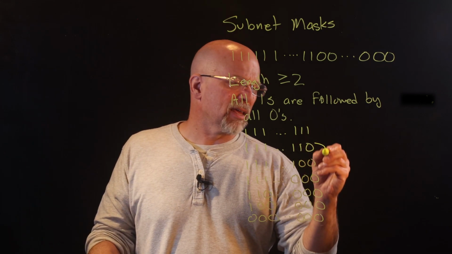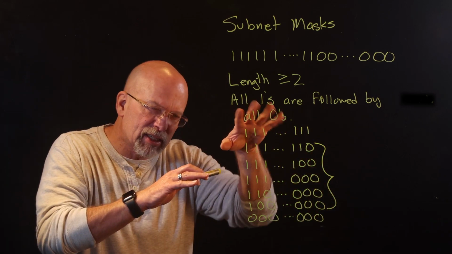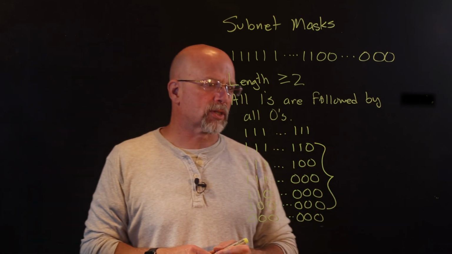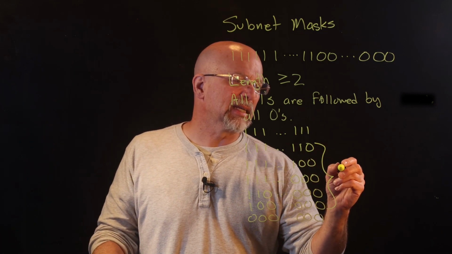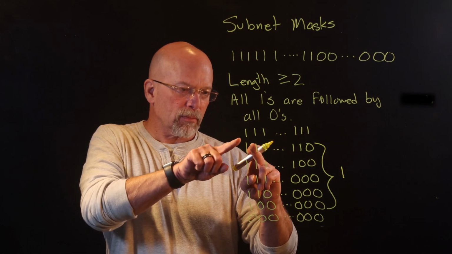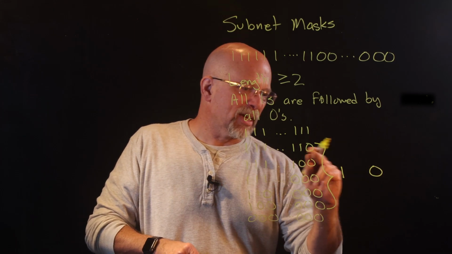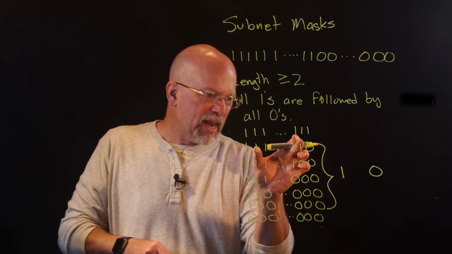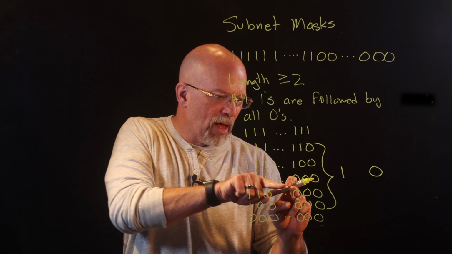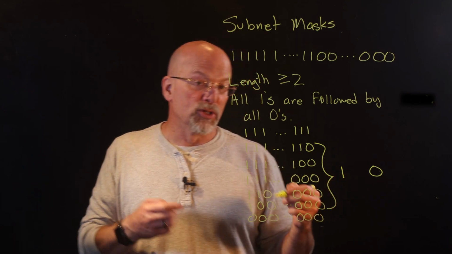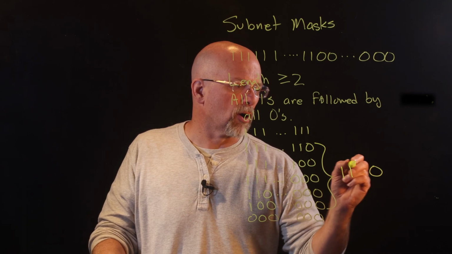Let's take a look at defining a regular expression for all of these in the middle, everything except for the all ones case and the all zeros case. What is that going to look like? Well, what you've got is at least 1 1, right? So all of these begin with 1 1. And then at the end, you have a single 0, right? And in the middle, you have some number of 1s followed by some number of zeros. Well, some number of 1s, including 0 1s, is 1 star, right?